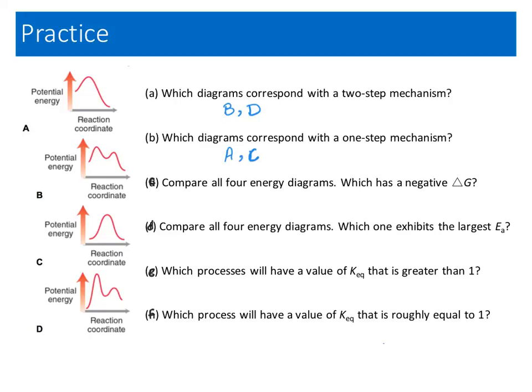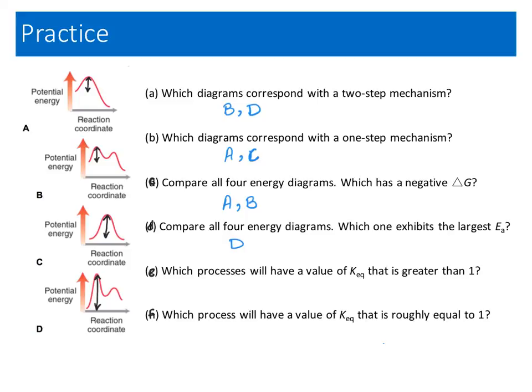So A and B. Compare all 4 energy diagrams, which one exhibits the larger activation energy. We need to draw the activation energies for all 4 diagrams. Activation energy starts from the reactants to the transition state. And this is the last one. So obviously the last one has the highest activation energy.